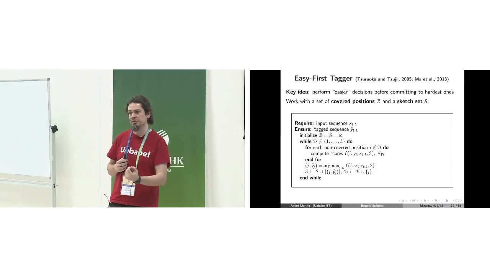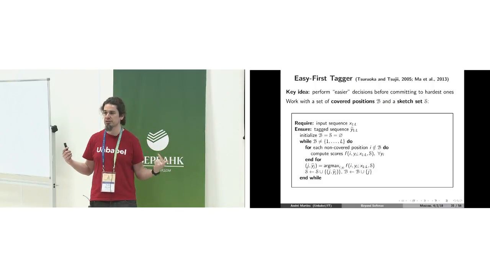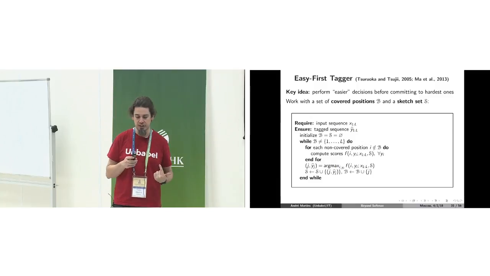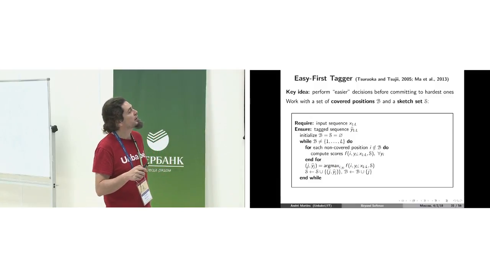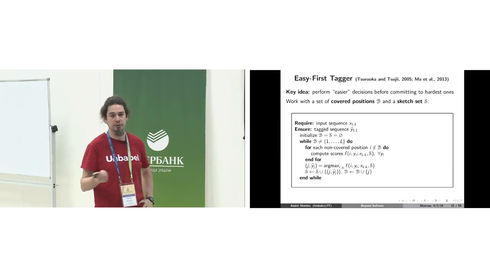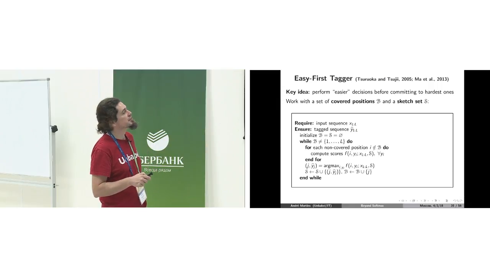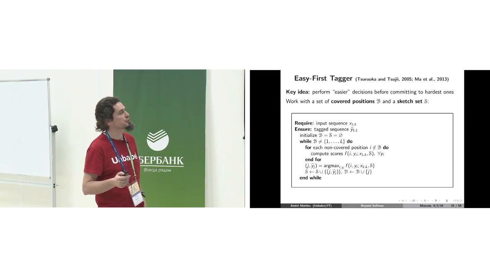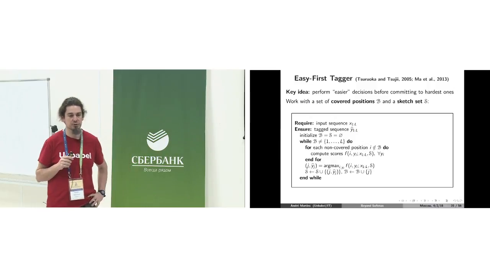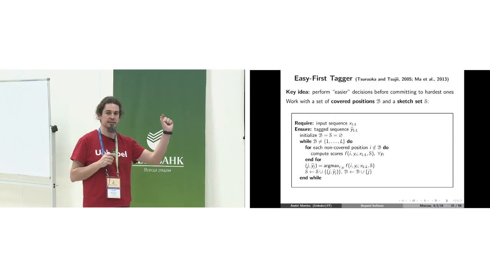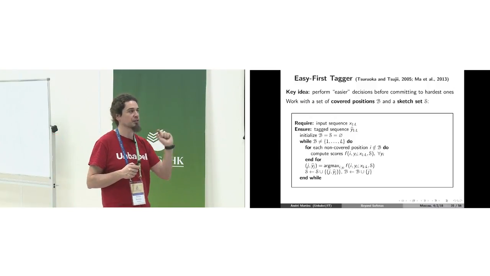You just tag those, and then you condition subsequent decisions on decisions that you have already made. So in algorithmic form, you keep track of the set of positions for the words that you have tagged already. This set B is initialized to the empty set, and you keep track of a sketch set of our output, which is basically the labels, the tags that we have computed for words in those positions.